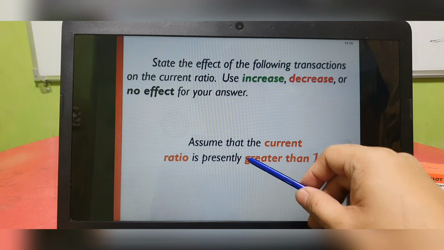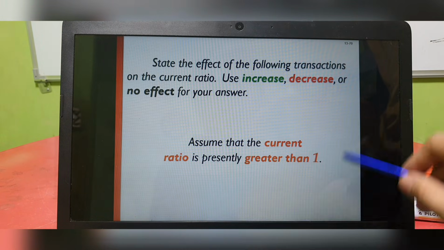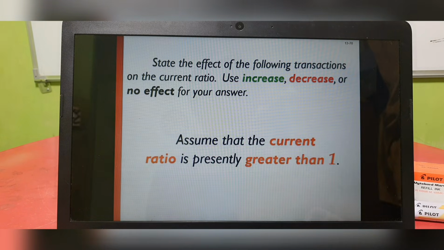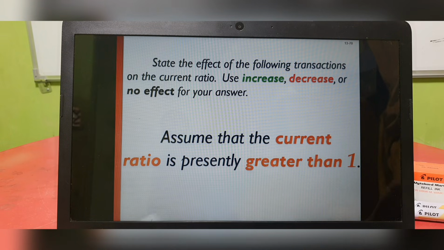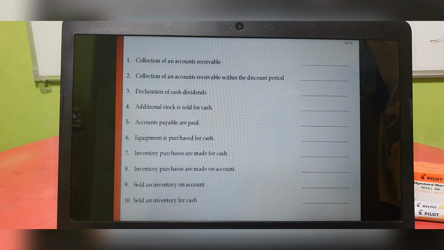But let us take note of this: we have to assume that the current ratio is presently greater than 1. So we can think of any numbers greater than 1, maybe 5/4, that is still greater than 1. Okay, so here are the transactions.